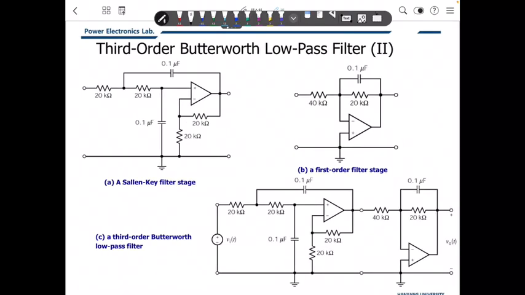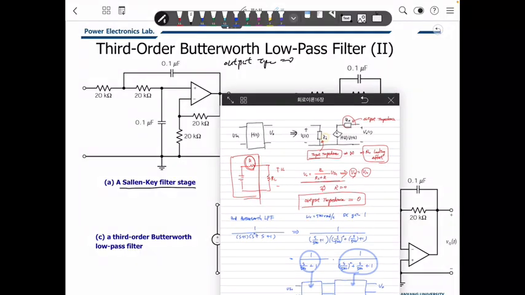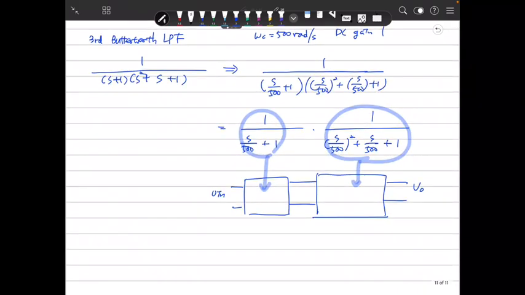In the first case, we already know that the Sallen-Key filter has an output impedance of 0. So to ignore the loading effect, we make a filter sequence.